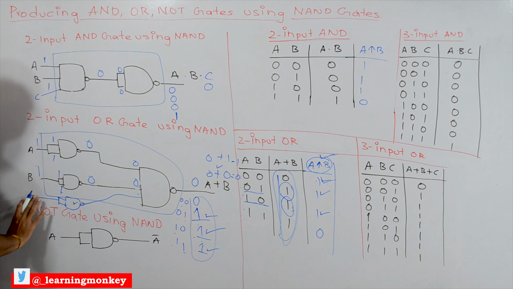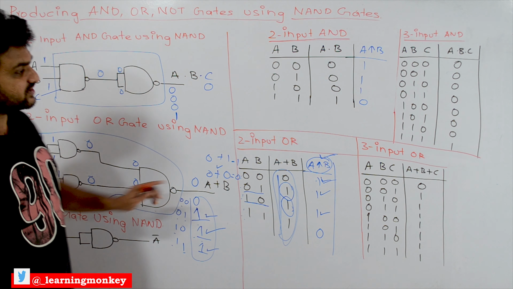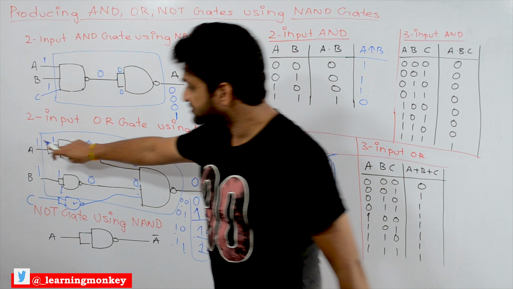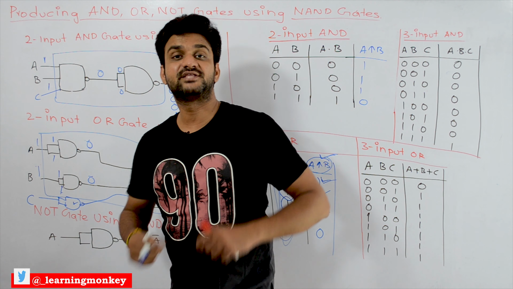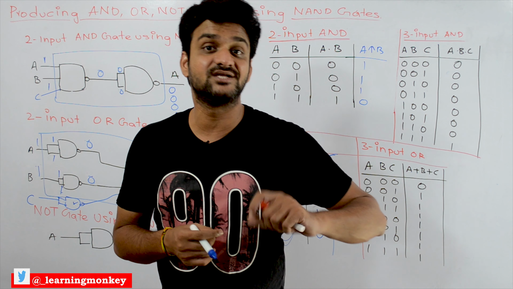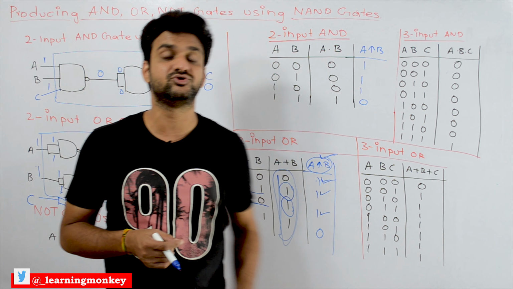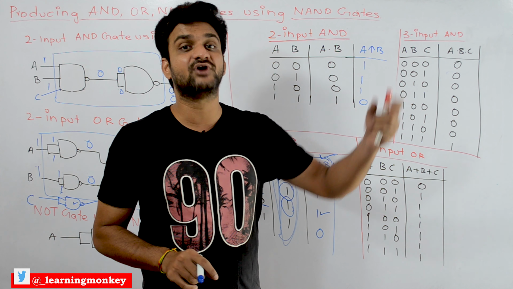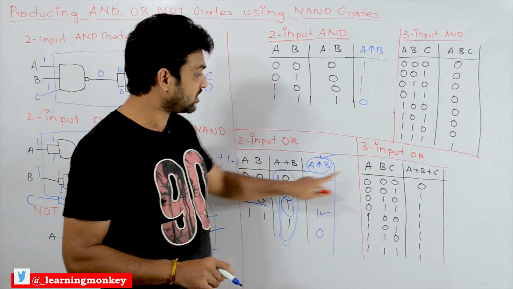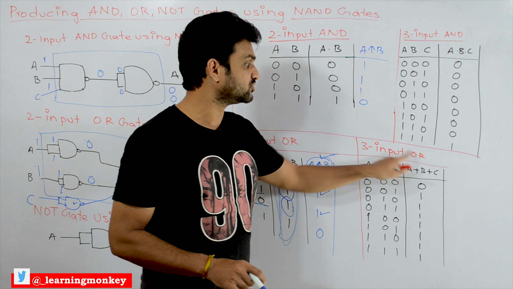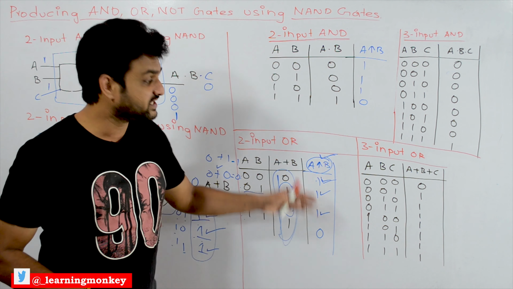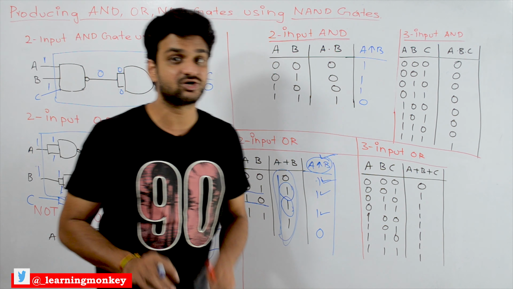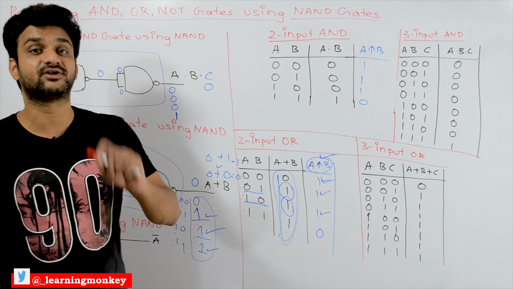Now our suggestion is to check for the 3-input OR gate. Check all the combinations of 3 inputs, whether the output we produce for each combination is the same as the outputs generated for the OR gate. This is the 3-input OR gate truth table. Try to check on your own whether this circuit produces the same results or not.